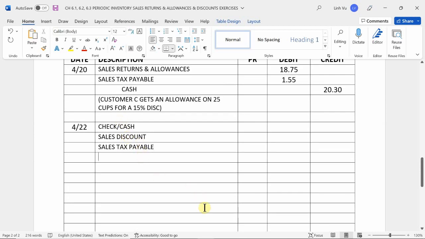Now, what is he paying off? If he owes us money and now he's paying us, what is he paying us off? Accounts receivable. He's paying off his accounts receivable.